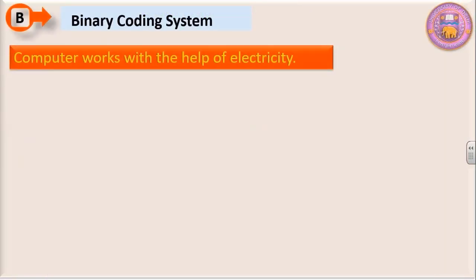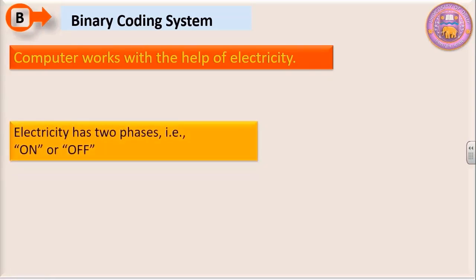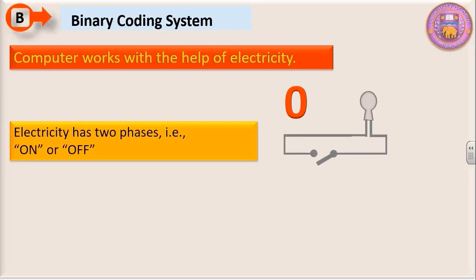We know that computer works with the help of electricity, and electricity has two phases. Electricity can be either on or off. Now here you can see that when the circuit gets connected, it is 1, that is electricity is on. When the circuit is disconnected, it becomes 0.